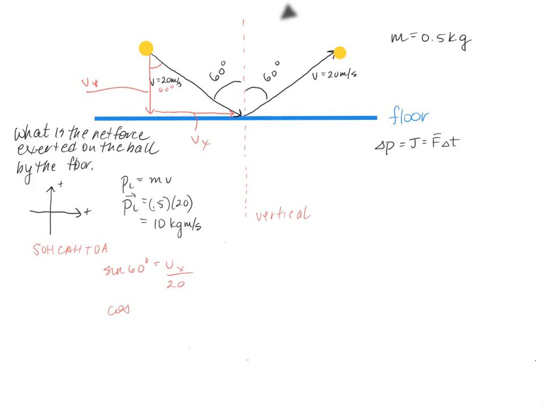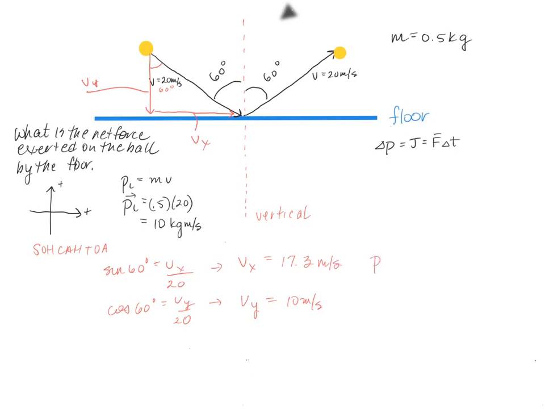And the cosine of 60 degrees is equal to Vy over 20. So you notice we don't have the typical x being a cosine and y being a sine. When we solve for these, we get Vx, and remember this is the initial x velocity, equal to about 17.3, and Vy equal to 10 meters per second.